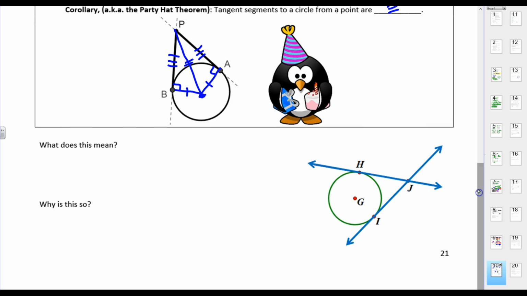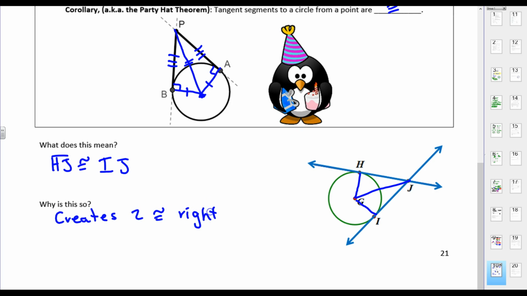And we kind of just drew this again, but what this means is that in this picture here, again, I draw on the radii and this common side here, it would mean that HJ would be congruent to IJ. The reason is that it creates two congruent right triangles by the HL theorem.